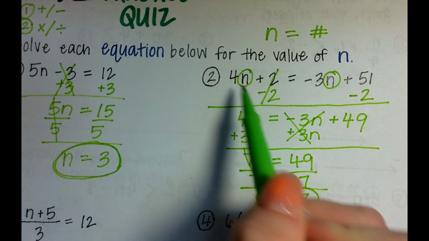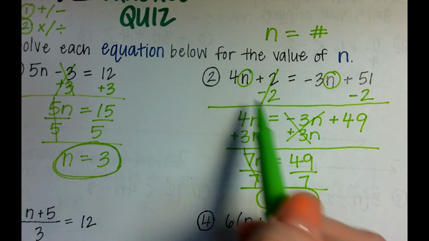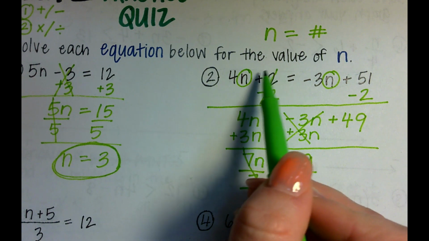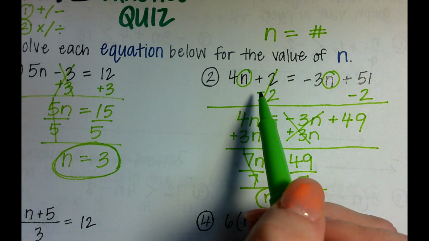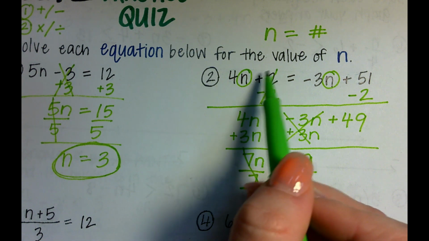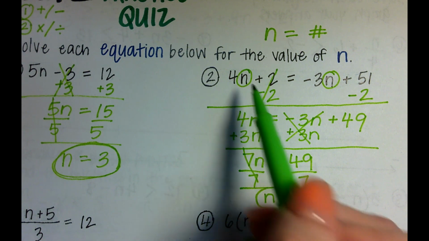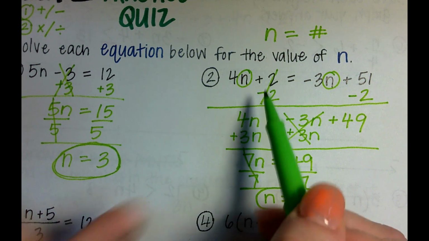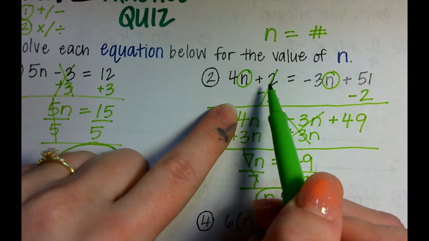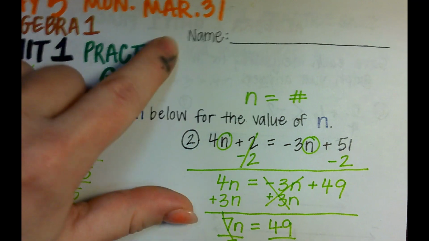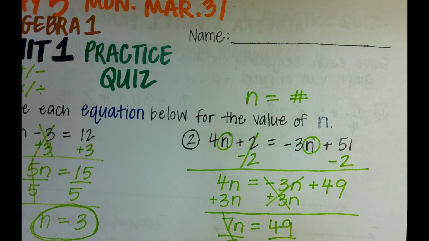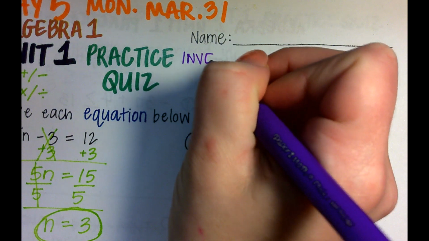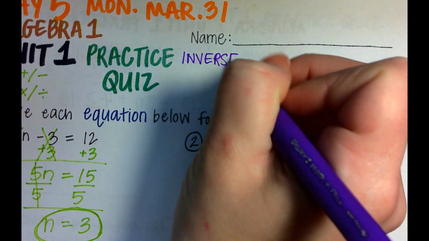So, first of all, I could think to myself, well, I have a plus 2 over here, and I want to get rid of it, because that is keeping n from being by itself. So anytime we want to get rid of something, we're going to do the opposite of whatever operation it says. So a good note also to make is our inverse operations chart. So I'm going to just write that up here as well.